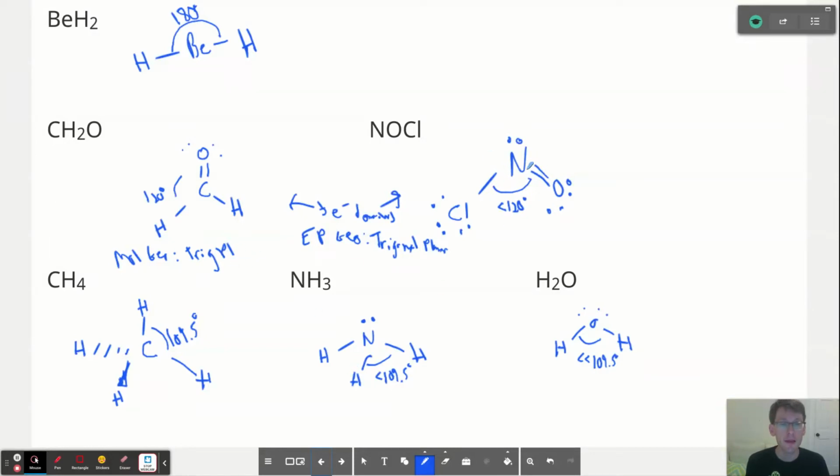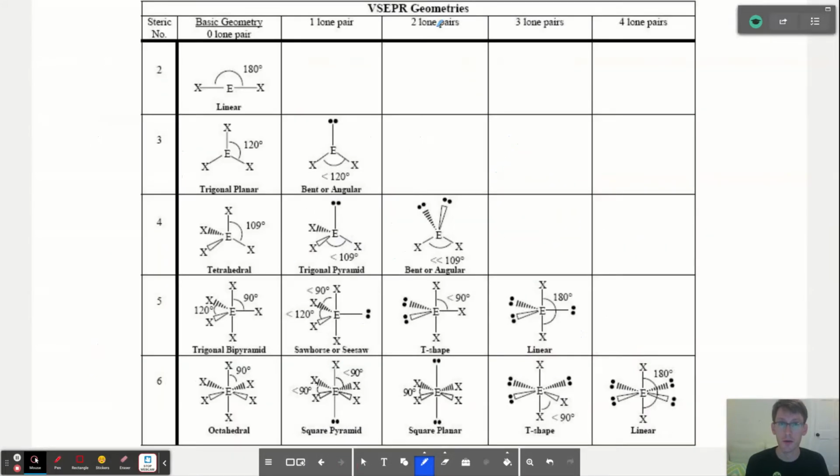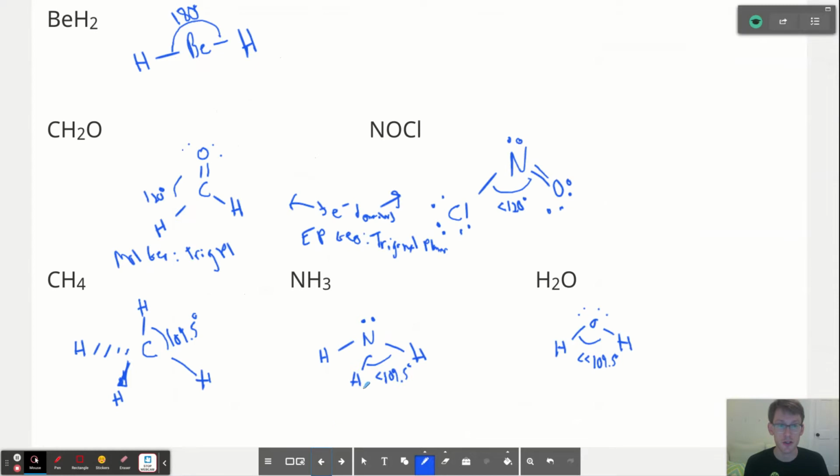But in the case of the NOCl, there are 2 electron domains that are bonding, that are atoms to which the nitrogen is bonded. There is 1 electron domain that is a lone pair. So we go back to our table and we see that for a steric number of 3, when there is 1 lone pair, the bond angle is less than 120 degrees, and we have a bent or angular molecular geometry.